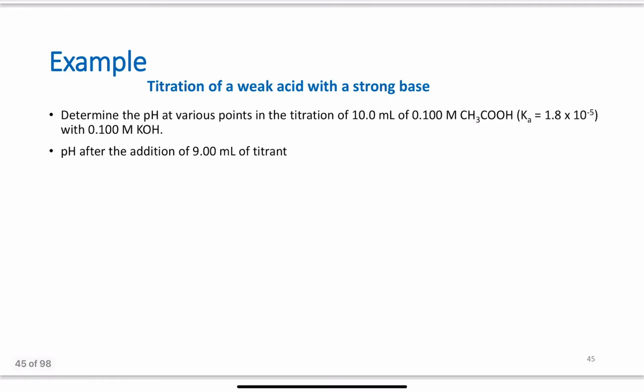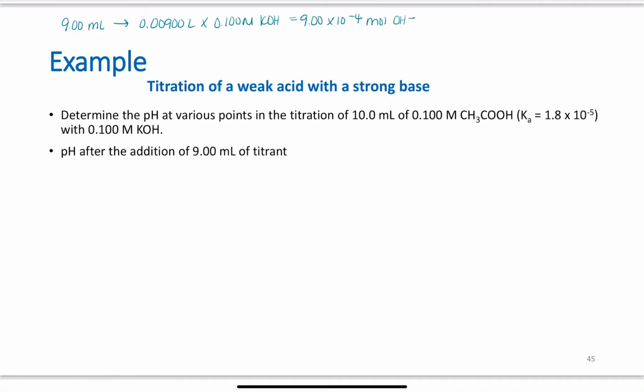What about the pH of the addition of 9 mils of titrant? 9 mils is right before the equivalence point. So 9 mils, same as 0.0900. I forgot a 0 in there. 0.0900 liters times 0.100 molar KOH equals 9.00 times 10 to the minus 4th moles of OH minus.